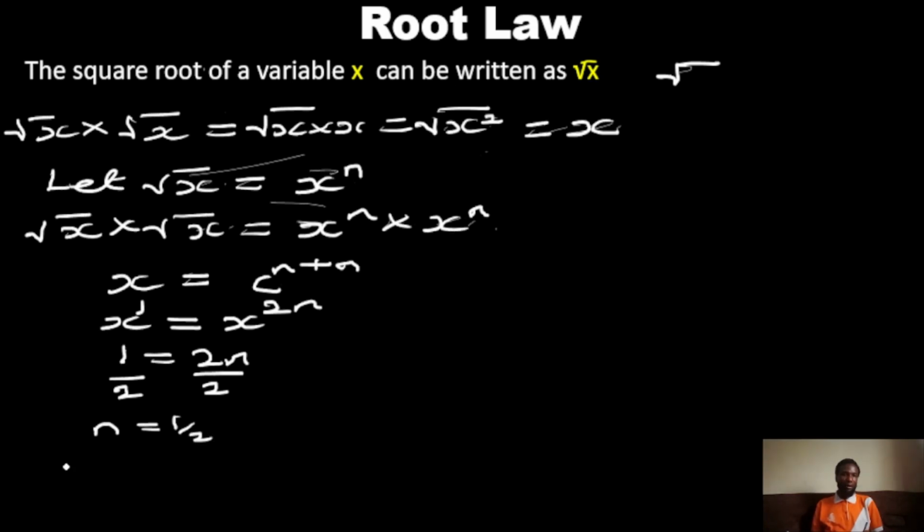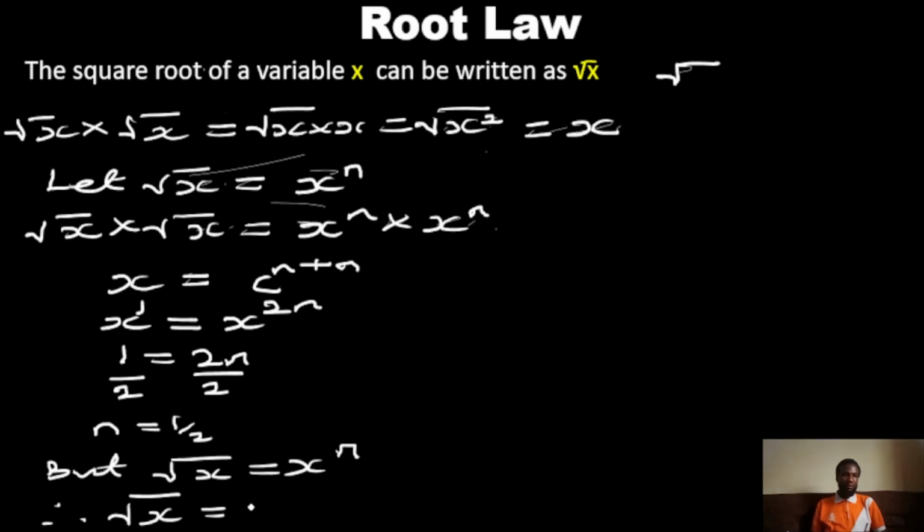But square root of x equals what? x raised power of n, and we now know the value of n, which is half. Therefore, square root of x equals x raised power of half.